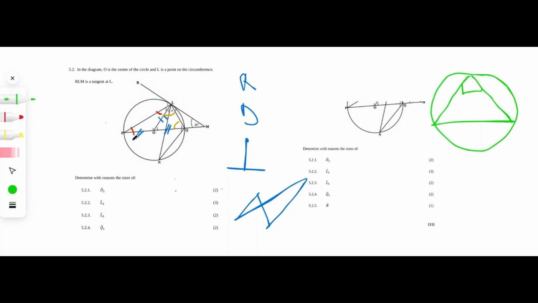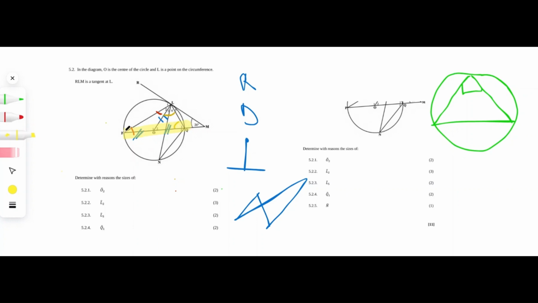Okay, so PQ is definitely our diameter, right? It's definitely our diameter because it passes through the center, touching both ends of the circumference of the circle. And remember, guys, diameters are made up of two radii. The two radii that it's made up of would be OP and OQ.